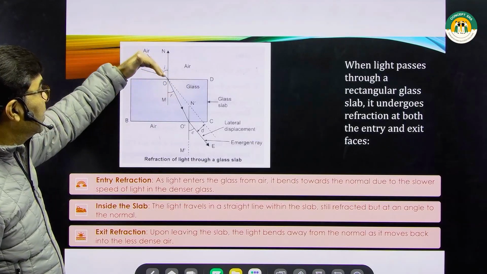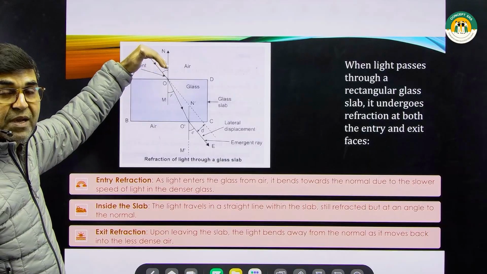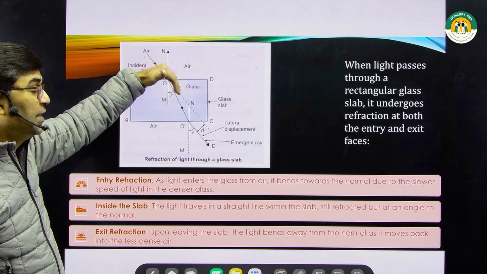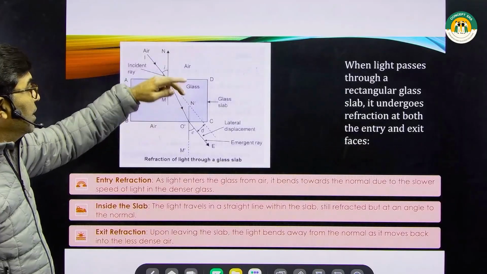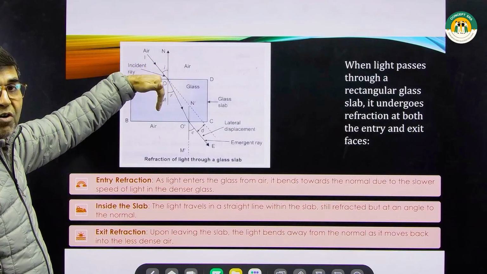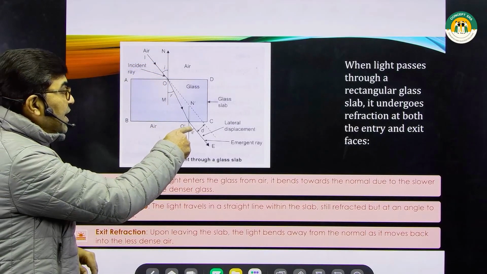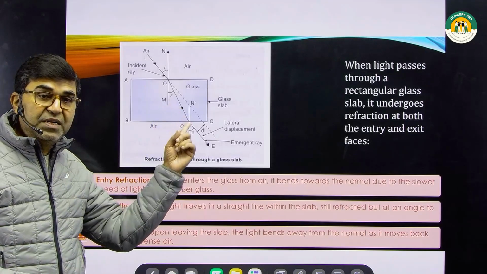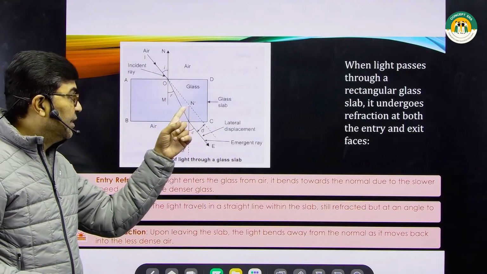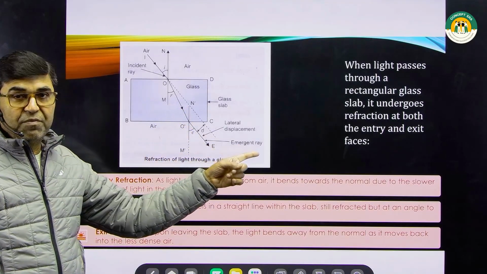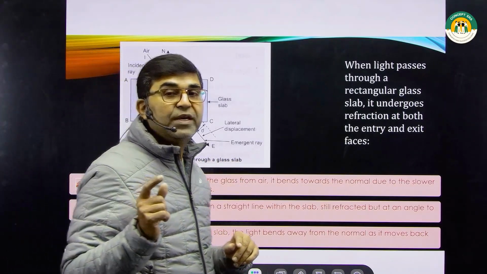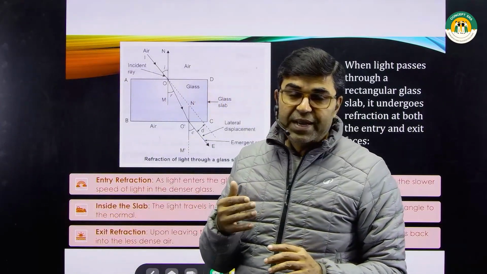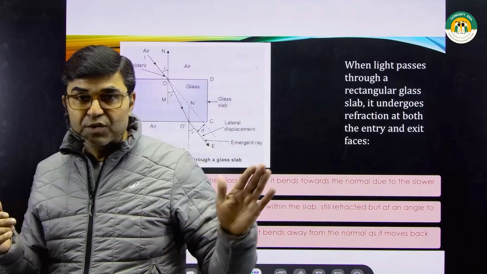And whenever light is coming from an optically rare medium to an optically dense medium, it will bend towards the normal. And whenever light is traveling from a dense medium to a rare medium, then it will bend away from the normal. Keep in mind, from denser to rarer, away from normal, and from rarer to denser, towards normal.